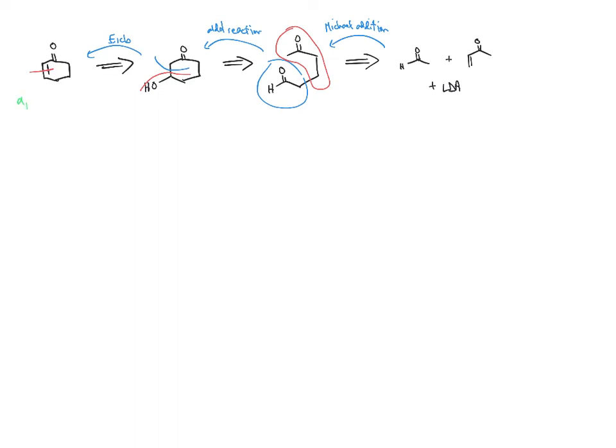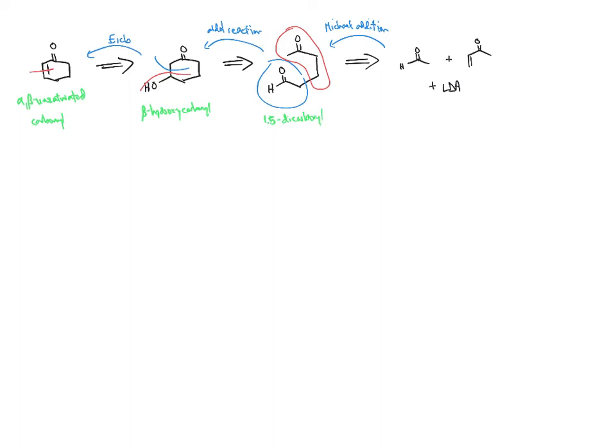Okay, so this is the alpha-beta unsaturated carbonyl. And this comes from E1CB from a beta-hydroxycarbonyl. And we know that a beta-hydroxycarbonyl can be disconnected through an aldol reaction to a 1,5-dicarbonyl.